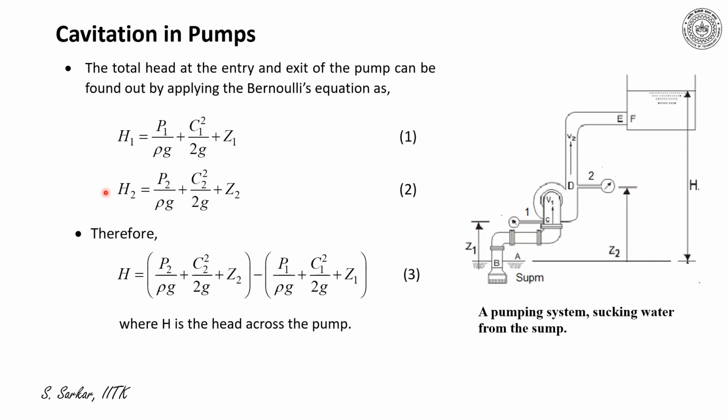Thus P2 and C2 are the static pressure and the velocity at exit of the pump.